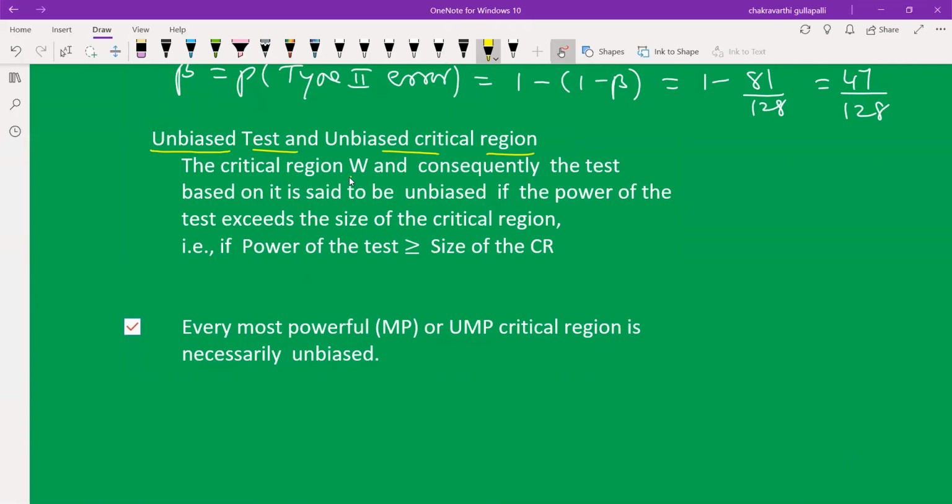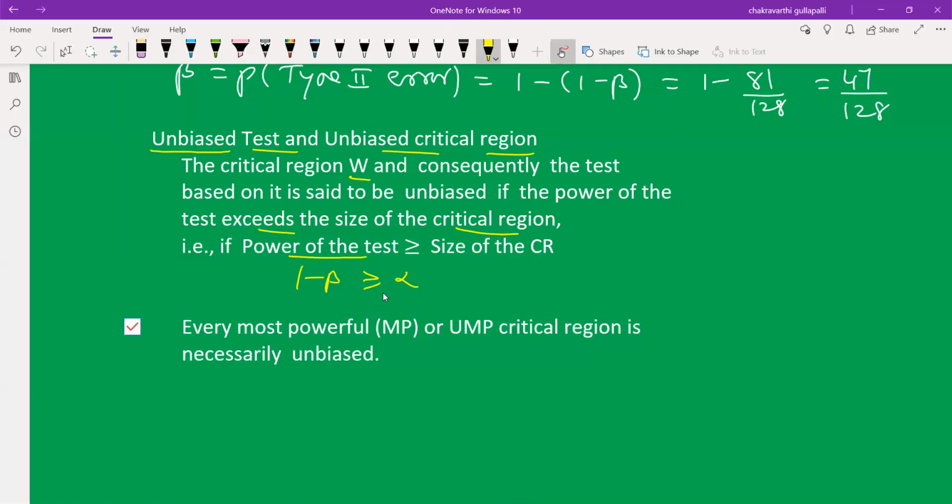The critical region W, and consequently the test based on it, is said to be unbiased if the power of the test exceeds the size of the critical region. Power of the test 1 minus beta exceeds the size of the critical region.